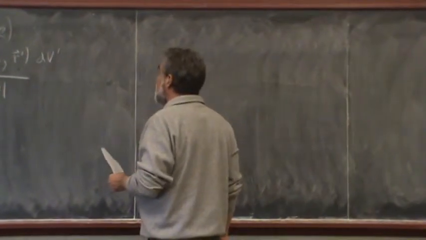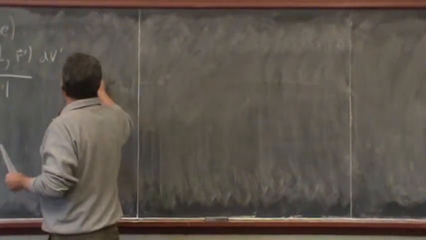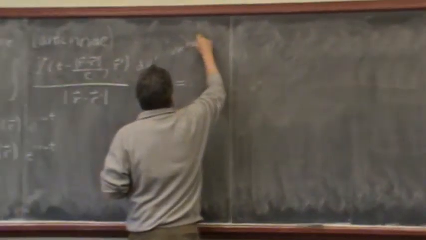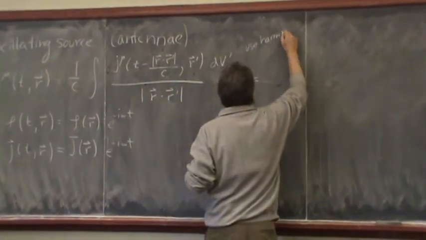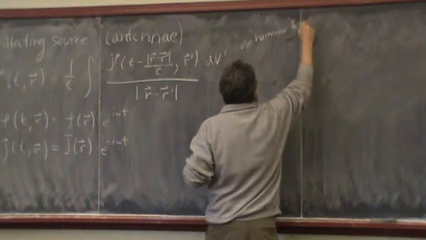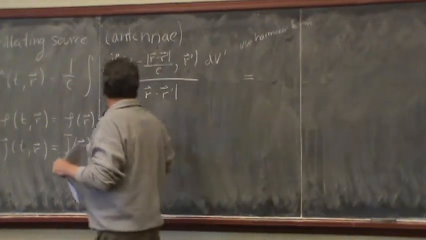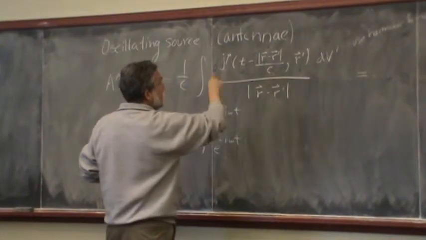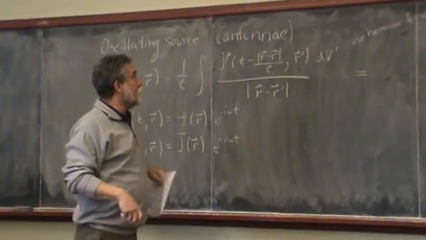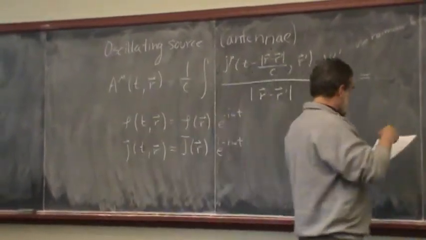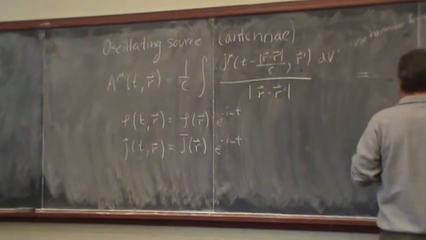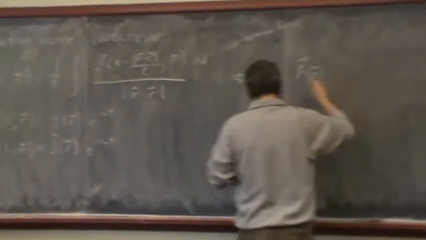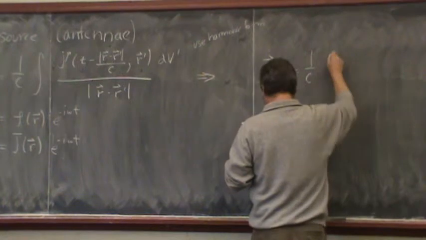I'm not going to do that, I'm just going to state that we use the harmonic approximation, or harmonic form, and I can make a substitution for t in terms of t prime if I wish, or r minus r prime. What is the time at which I'm making my measurement? And this leads to A of r, 1 over c.